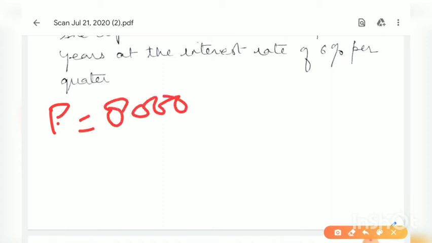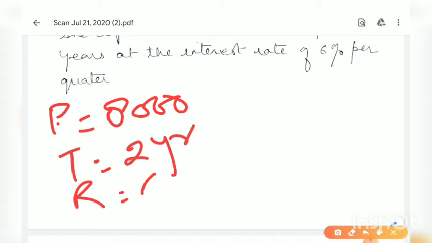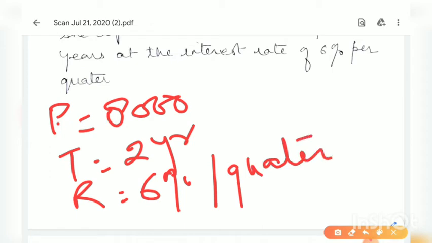And the time is 2 years, and the rate is 6% per quarter, right? The time is given in years and the rate is given in quarters.